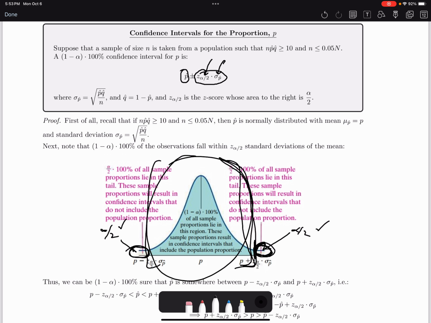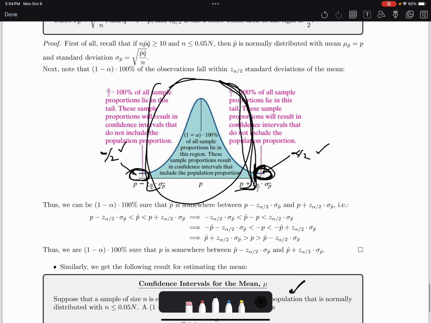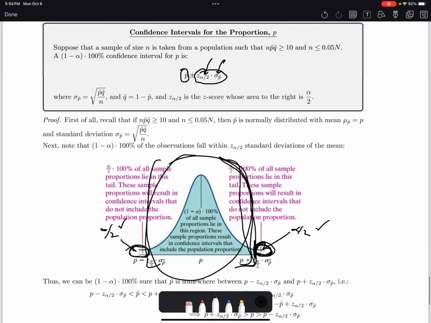Okay. So that's all I'm really going to say about this. The details are written here for you. And of course, there's a little bit of algebra that goes into actually taking that and getting a confidence interval for the proportion rather than a confidence interval for the sample proportion. But I'll let you read through that on your own.